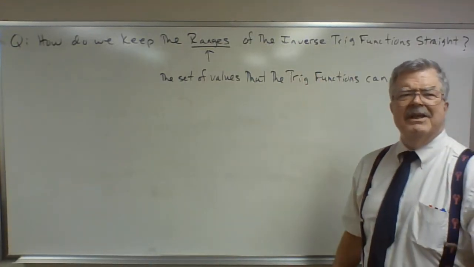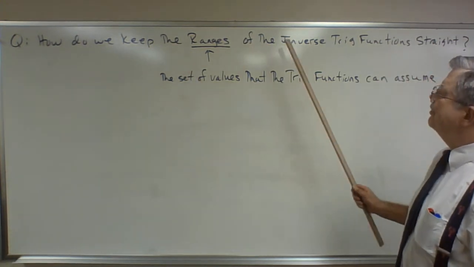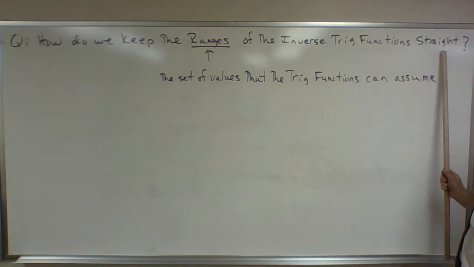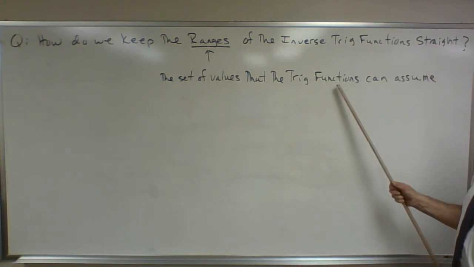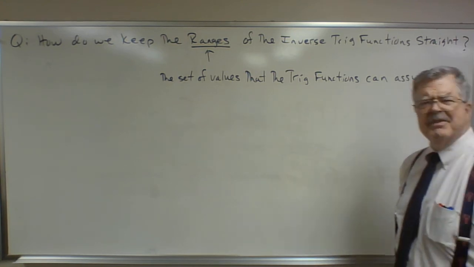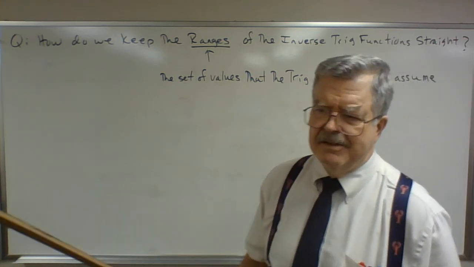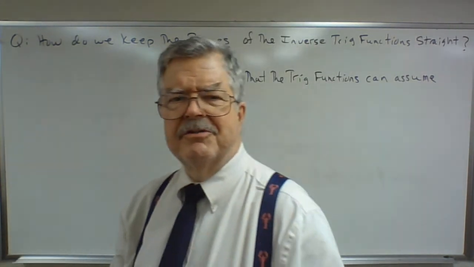Now, how are we going to keep all of these things straight? How do we keep the ranges of the inverse trig functions straight, or the set of values that each trig function can assume straight? How do we do that? There's sort of a memorization trick.